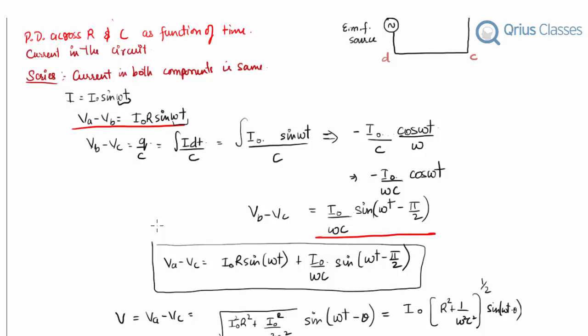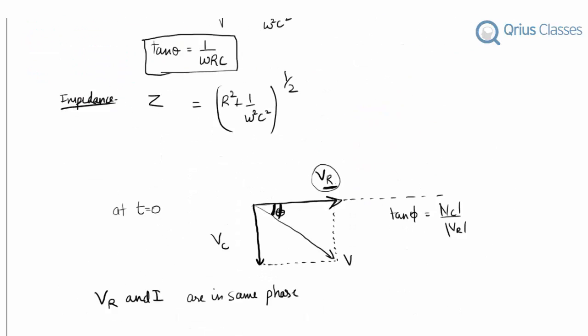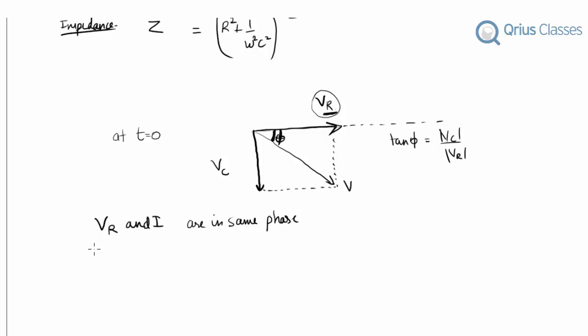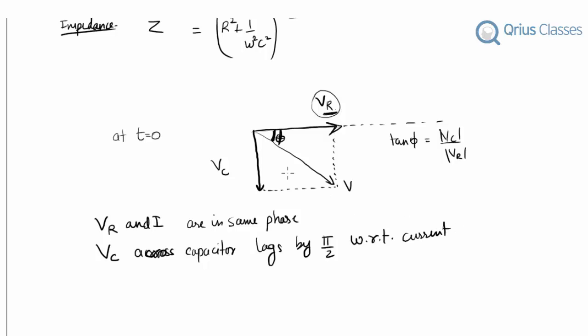While I and the potential difference across our capacitor, it is lagging behind. So we can say that VC across the capacitor lags by pi by 2 with respect to the current in the circuit, or with respect to VR, because VR and current are in the same phase.